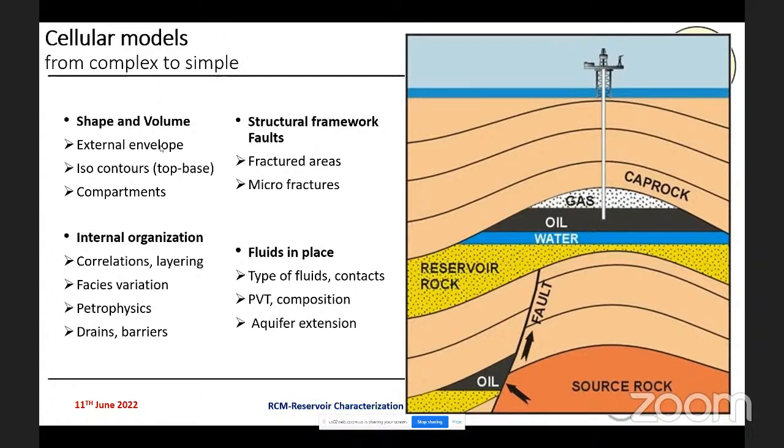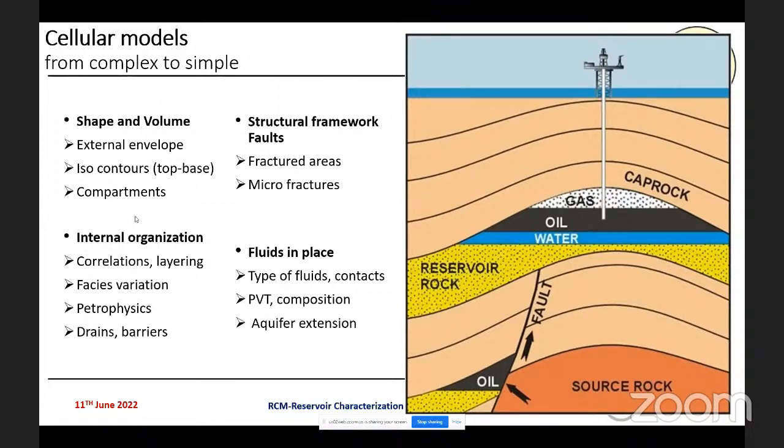You cannot build a model for any object just because you are looking at it without understanding what's inside, the characteristics of the object. You cannot model it, otherwise the work would be rubbish. Do we have a complex structure with many faults that divide the reservoir into compartments?